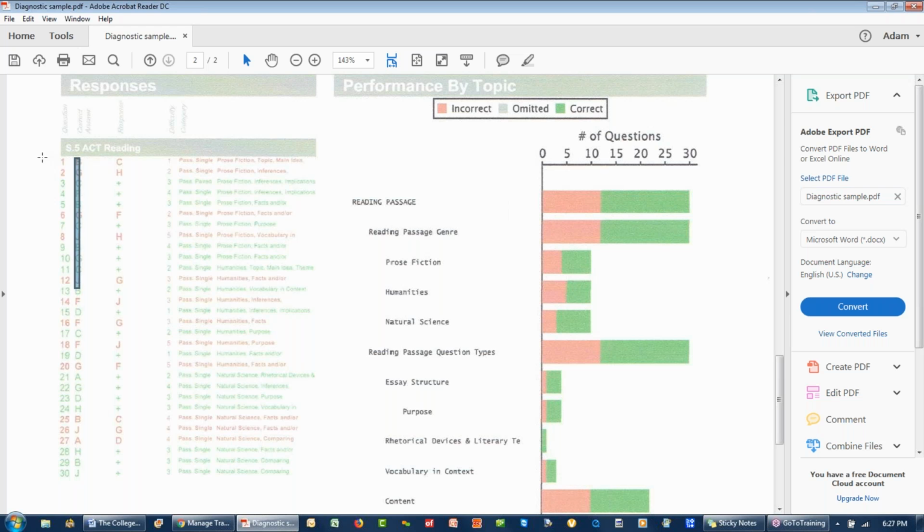And if the student got the question wrong, this is the answer that they indicated over here in the middle. And it's going to indicate here on the right what content area it has to do with. So basically, green means the student got the question right, and red means it was incorrect.